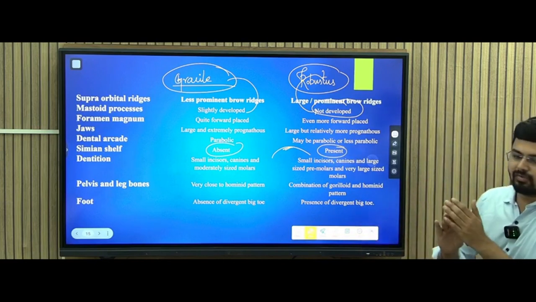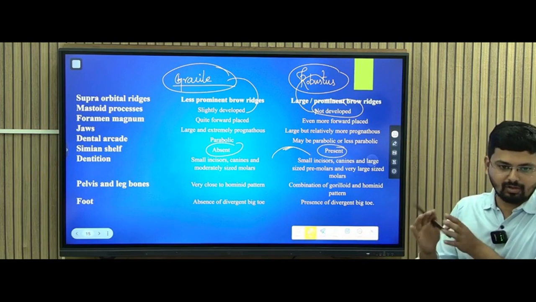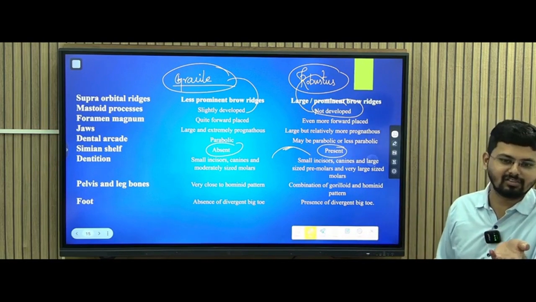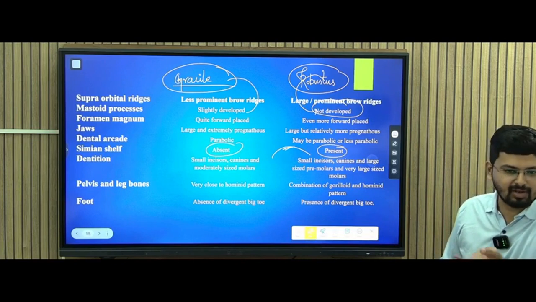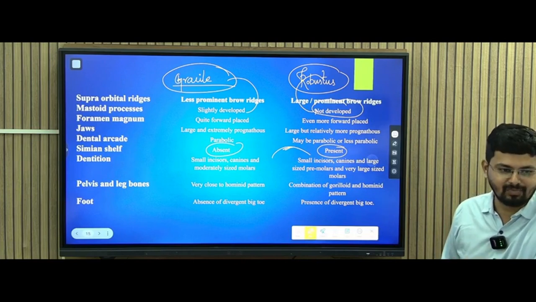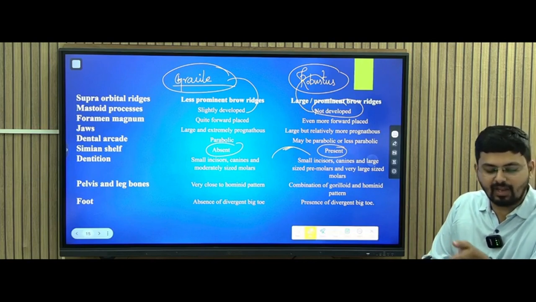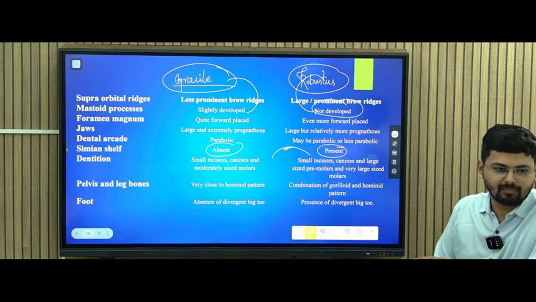See, many of the things don't follow order, but broadly you need to remember, because all these things you will never write in your exam. It is given either for 10 markers or 15 markers maximum. If they ask you to classify both, then they'll ask for a 20 marker.